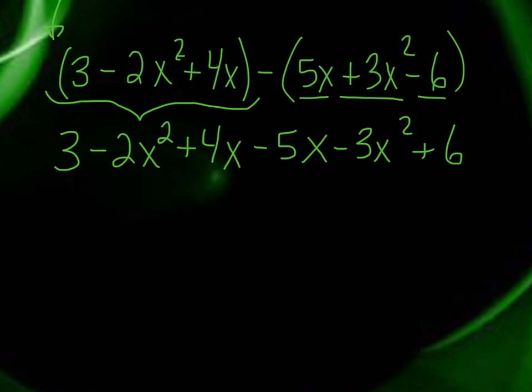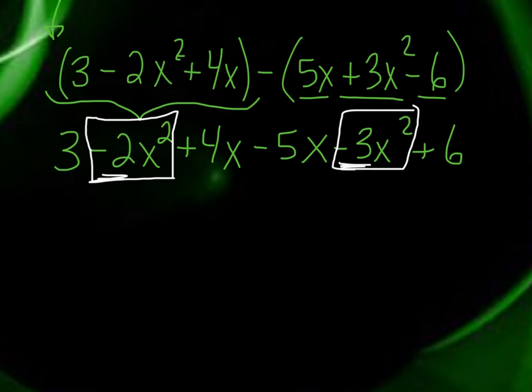Okay, now that we've got that done, we're going to combine our like terms. Starting with our x squareds, we've got a minus 2x squared minus 3x squared. Negative 2 minus 3 is negative 5. So our first term is negative 5x squared. Next, we look at our x terms.